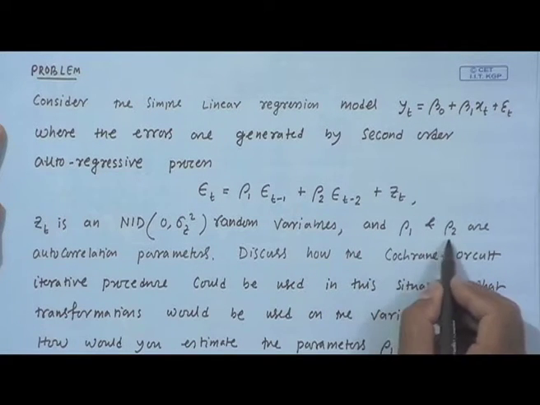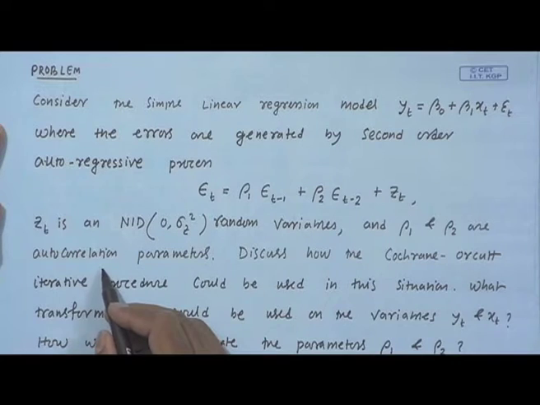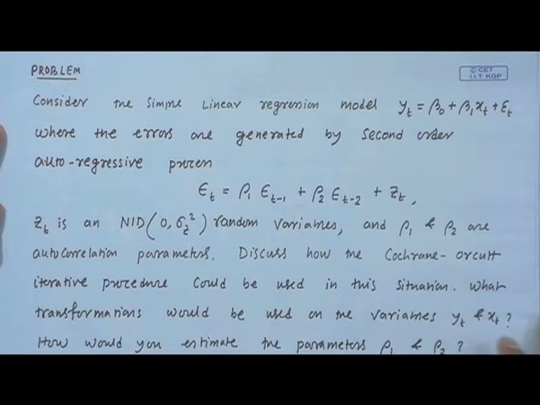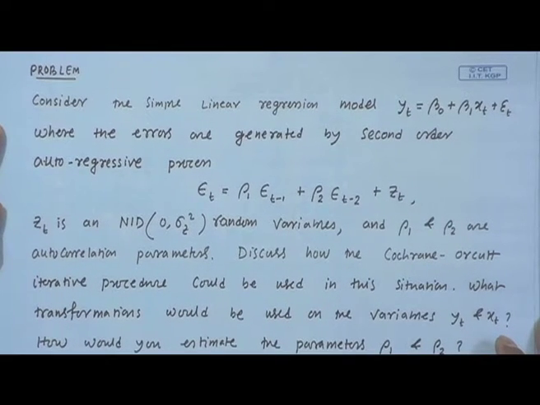Here rho 1 and rho 2 are called autocorrelation parameters. So, the problem is that you have to discuss how the Cochrane-Orcutt iterative process could be used in this situation.